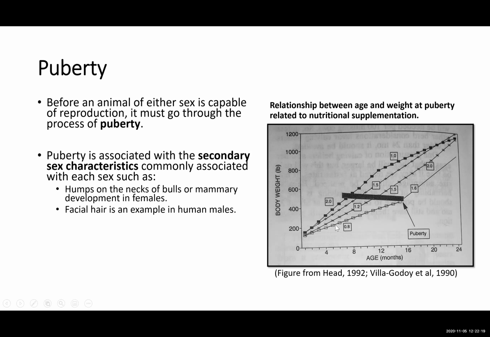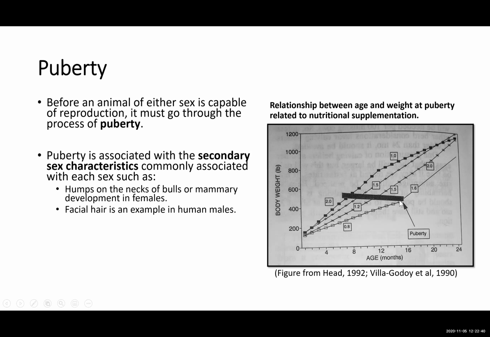What it's showing is that this black box is the time in which these animals would be expected to hit puberty. Those that are on a high plane of nutrition hit puberty at a younger age than those that are on a low plane of nutrition.